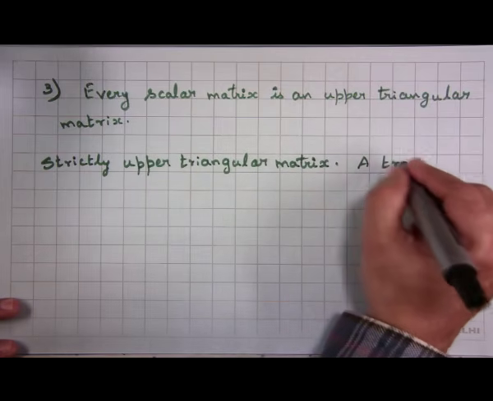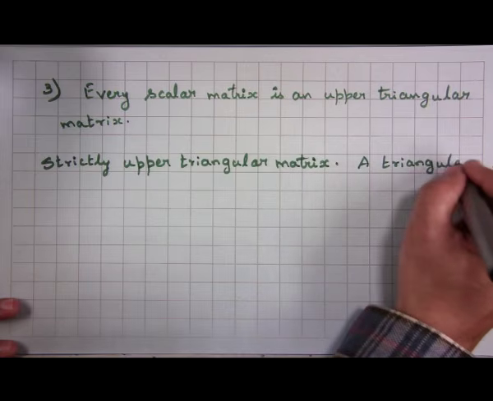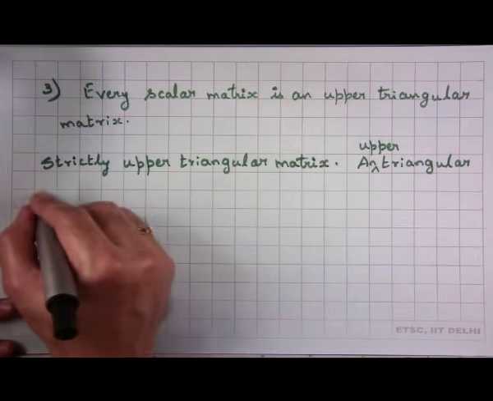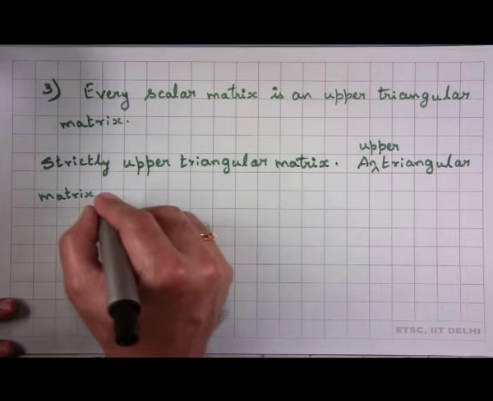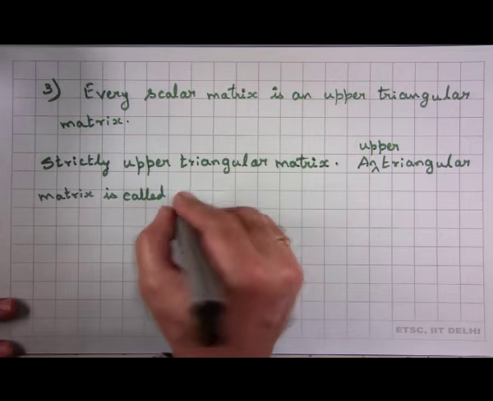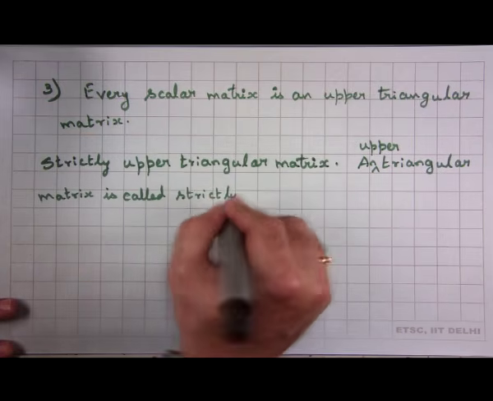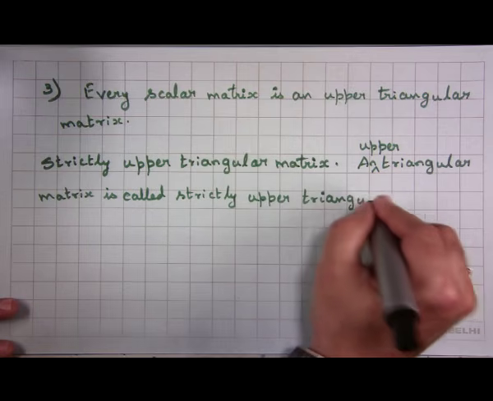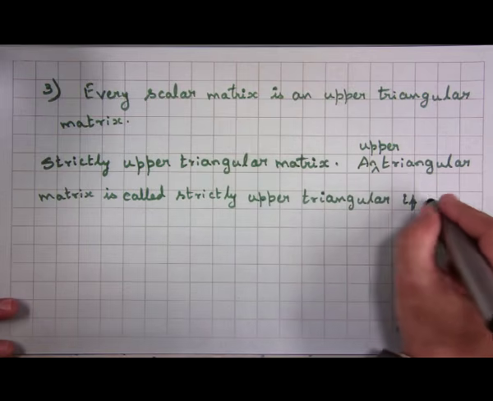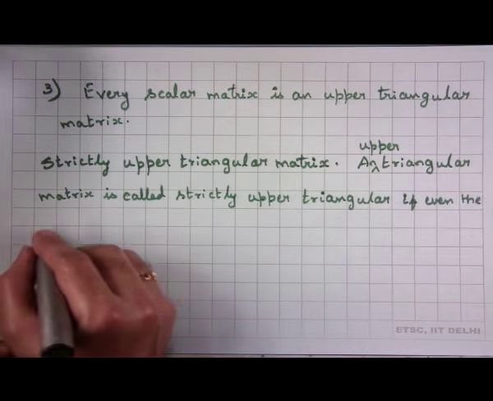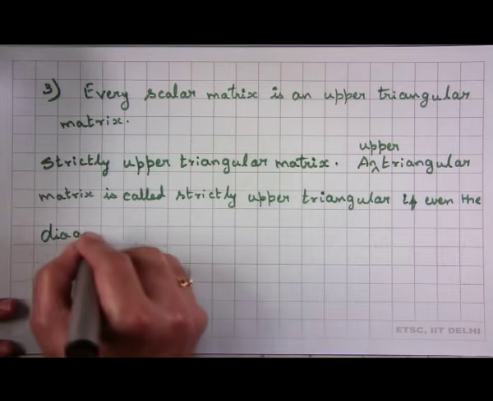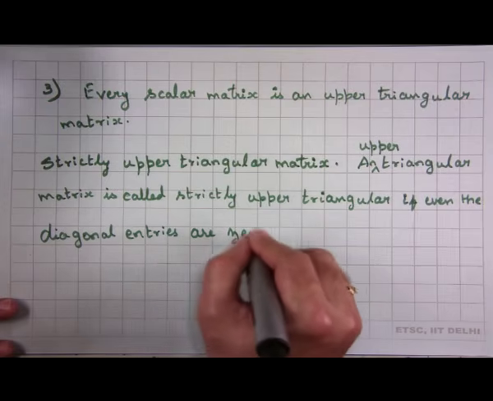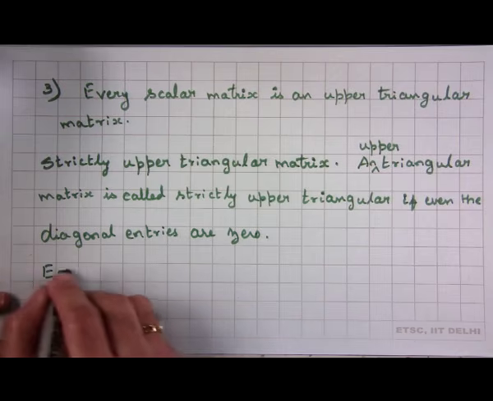An upper triangular matrix is called strictly upper triangular if even the diagonal entries are zero. So, let us look at some simple examples.